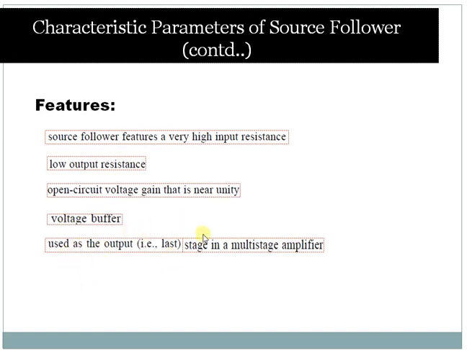Another important application of the source follower is that it can be used as the last stage in a multi-stage amplifier, when its function is to provide a very low output resistance, enabling large load currents without any loss of gain, that is, with little reduction of the output signal voltage.